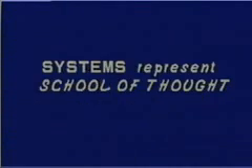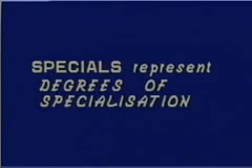There are three levels of phase relations: inter-subject phase relation, intra-facet phase relation, and intra-array phase relation. Systems represent school of thought, and specials represent degrees of specialization.